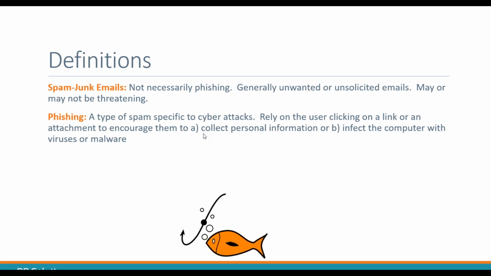It's really exploiting the end user's behavior to get them to give the attacker something. Either it's collecting personal information, usually for identity theft, or to infect you with some kind of bad application, malware, ransomware, spyware, whatever, that could be used later for more nefarious means.